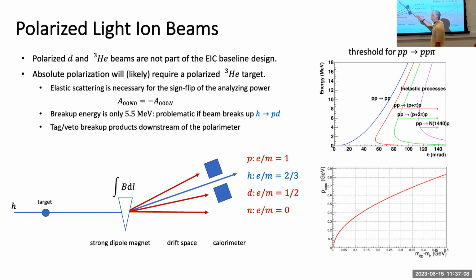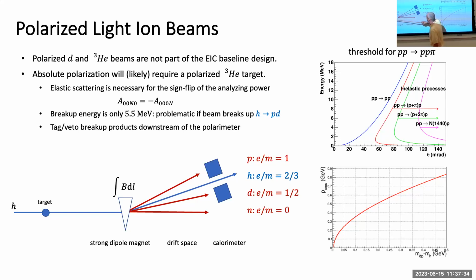And the other problem that we encounter is that the breakup energy of helium-3 is only 5.5 MeV. So at that low energy, the helium-3 evaporates a proton and you have a deuteron and a proton. So you need to be able to distinguish this breakup, especially for the case where the beam would break up.